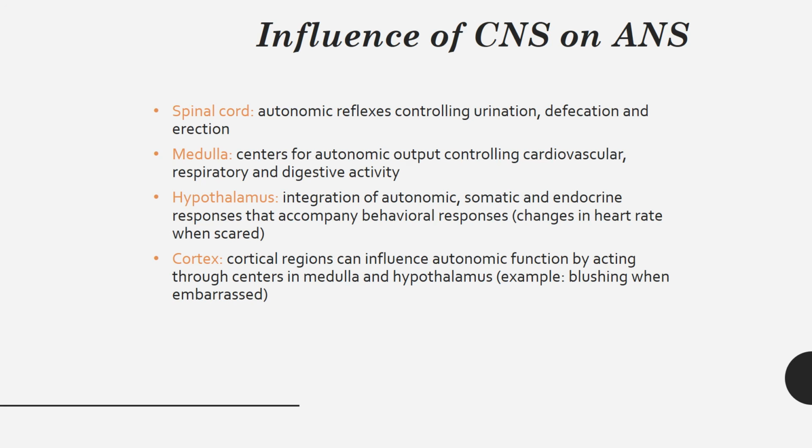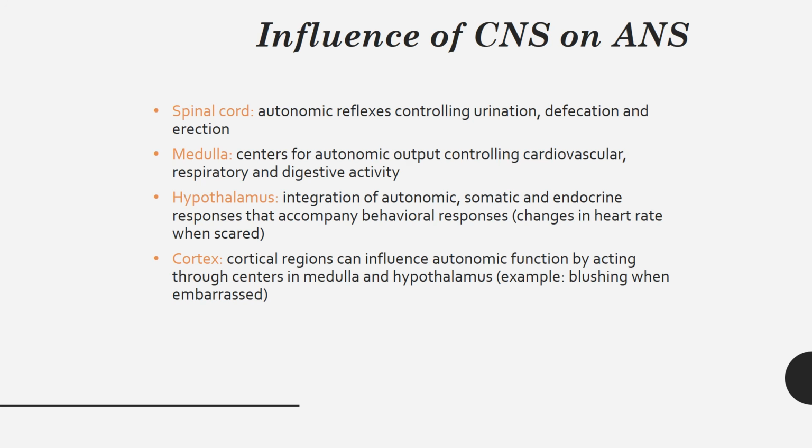The medulla oblongata is also responsible for autonomic control of the cardiovascular responses, respiratory responses, and also our digestive activity. Then the hypothalamus will affect the endocrine responses. One example is that heart rate is increased when we're scared, and that's due to the amount of neurotransmitters and neurohormones being released.